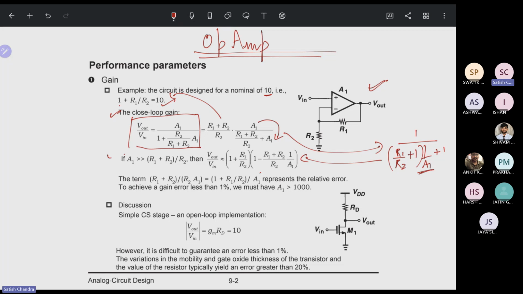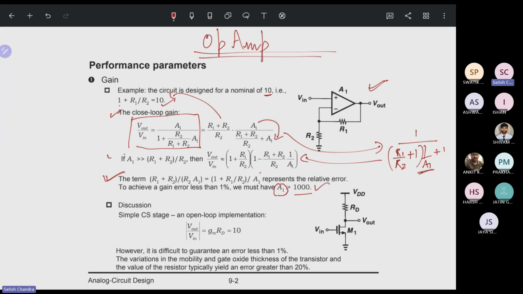Then we can calculate the error, and that error comes to be 1% when the gain is greater than 1000. So it is advantageous whenever the gain of the op amp is very high.